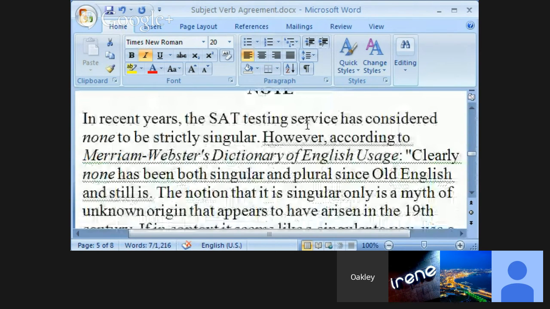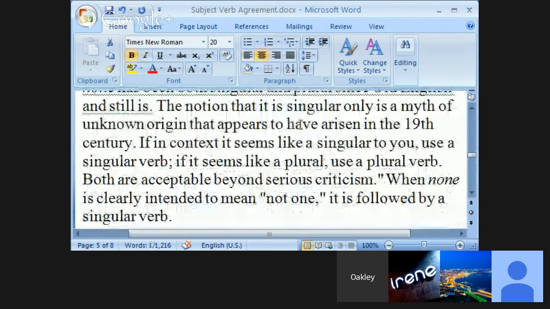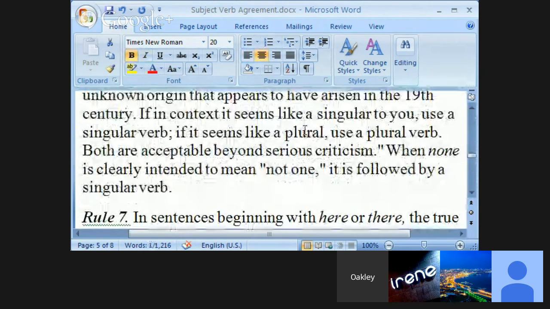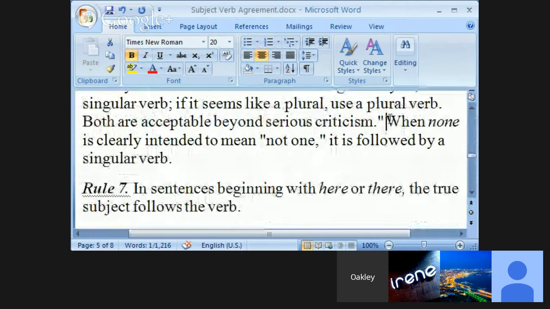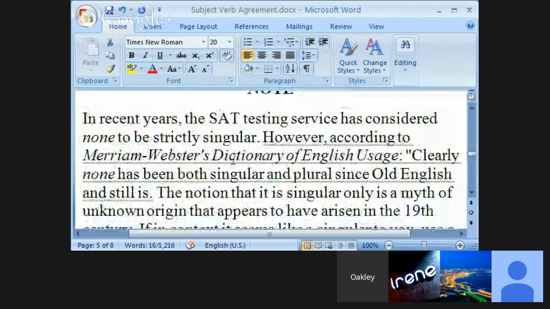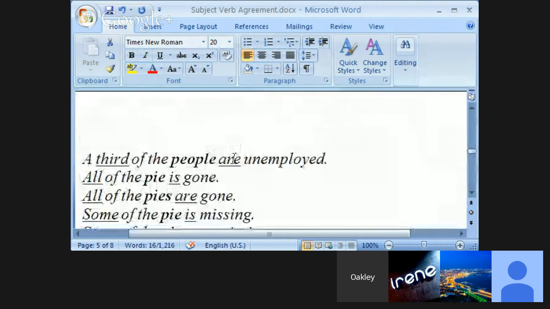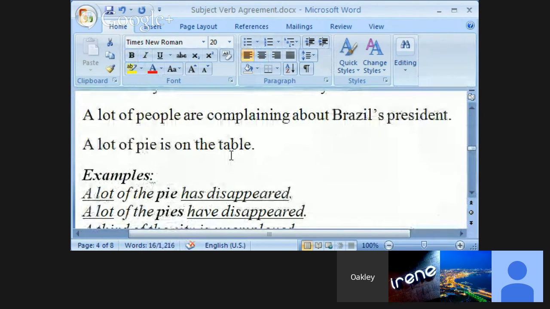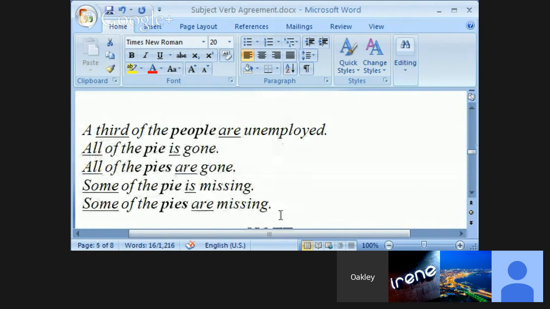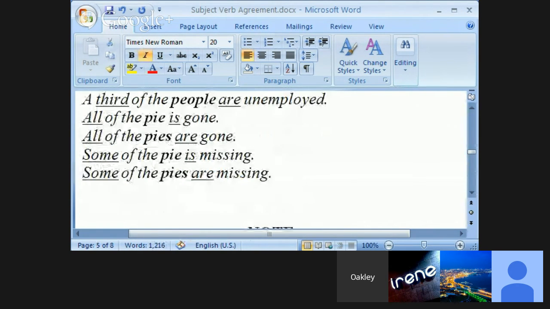Okay, here's a big long note, which is really not all that important, but what it boils down to is that grammarians, people concerned with grammar, linguists, people concerned with semantics, professors and such, have a big problem with the word none.